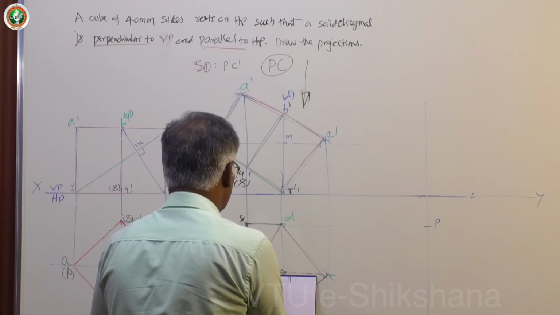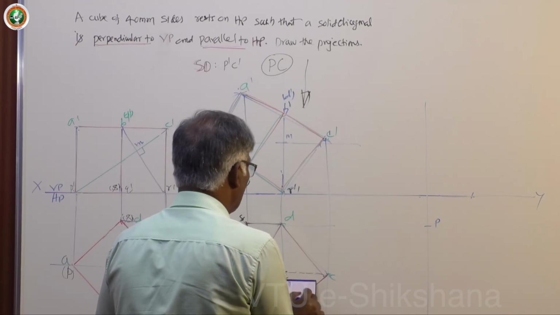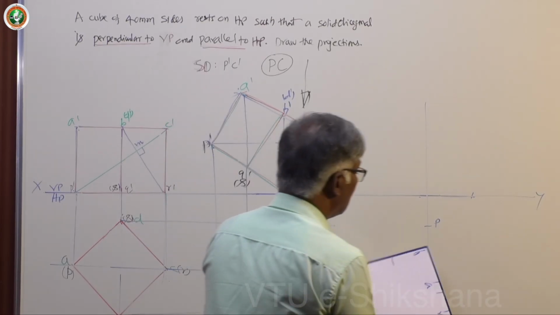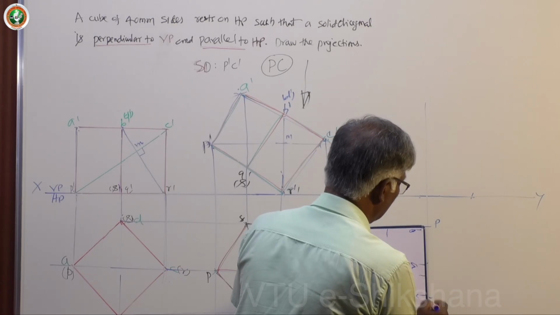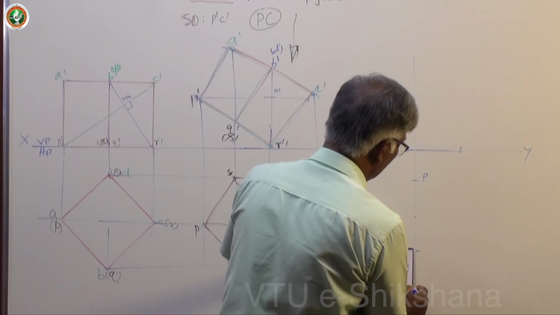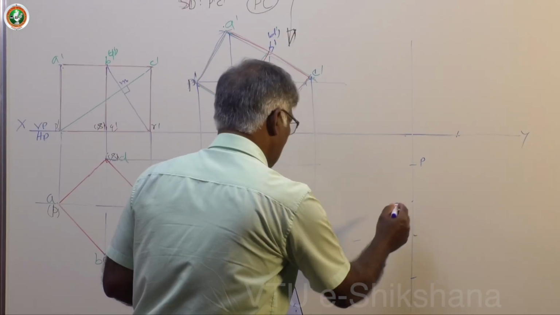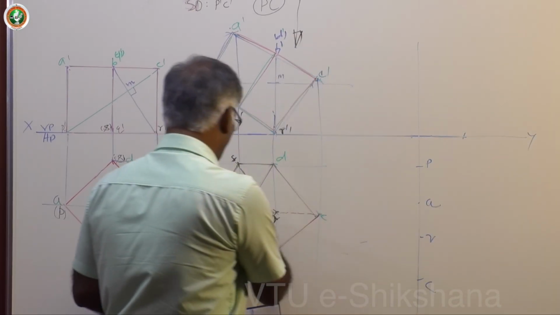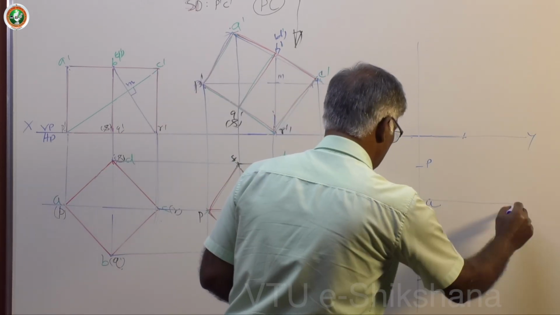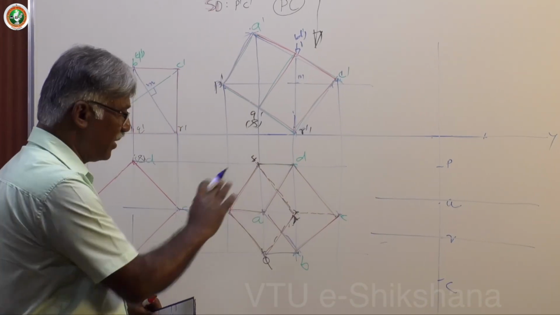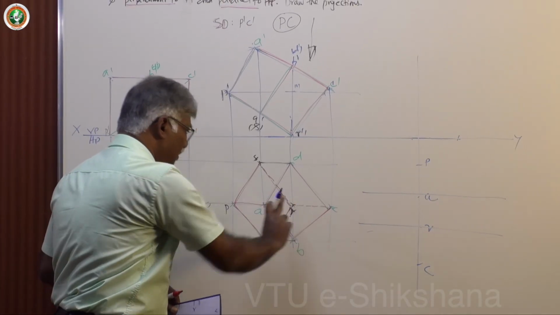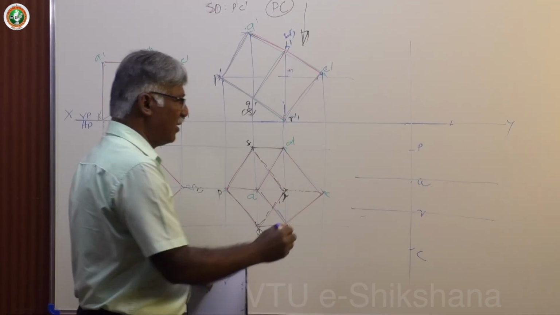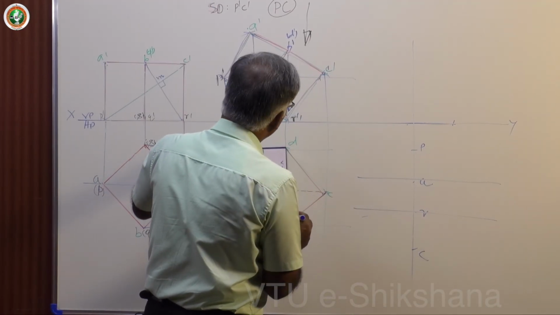This is P, this is A, this one is R, next comes R to C. So I can mark as per this one, yes, this is A, this one is R, this is C. Draw perpendiculars through R and A. Only one distance you have to take, complete the figure. What is the distance? R to B or A to Q, A to S, R to D, all are the same. Mark this. Yes, same distance.